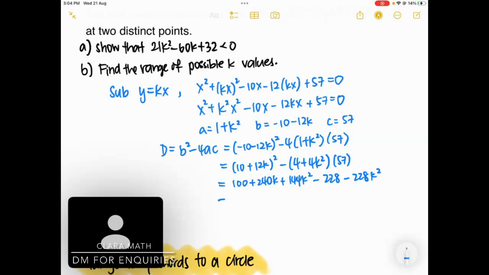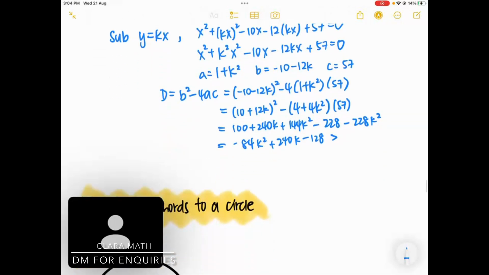Okay, then simplify. 144 minus 228, negative 84k squared. And then plus 240k. And then 100 minus 228, get minus 128. Okay, so because they cut at two distinct points, that means the discriminant is more than 0.